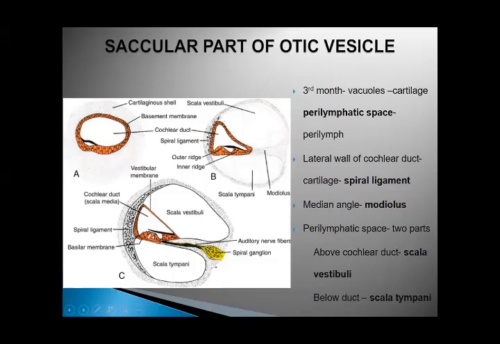On the lateral side, this mesenchyme joins the cartilage outside by fibers, connective tissue fibers. This develops into what is called a spiral ligament. So the spiral ligament develops between the cochlear duct and the cartilage on the outside. Okay.